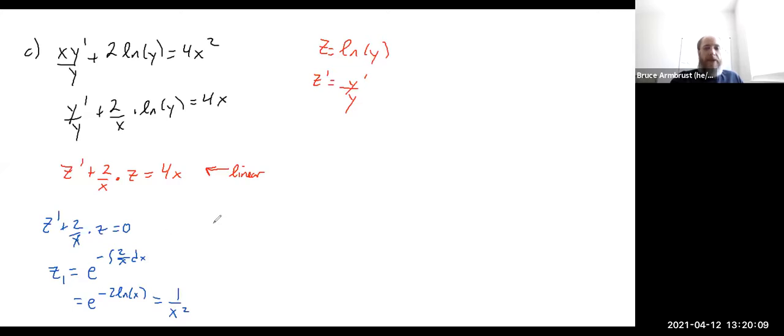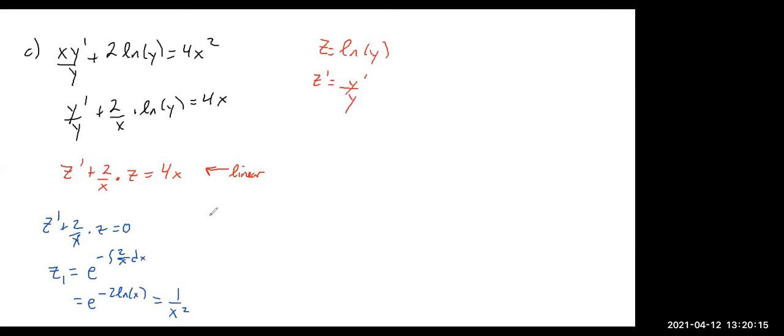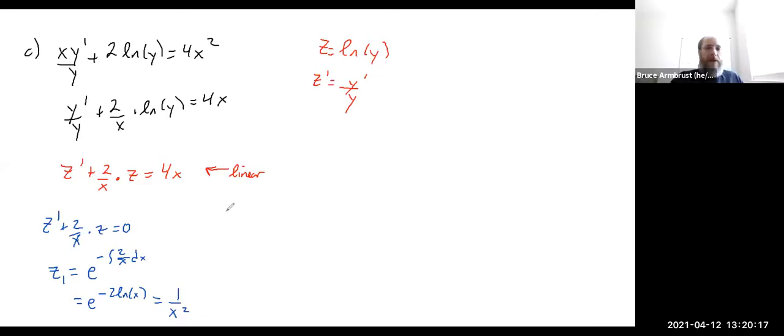So then how do we get our z now that we've got this? What do we have to do? The integral of 4x over 1 over x squared. Okay, so now we're getting our u, right? And use the integral of 4x over 1 over x squared. The 4x was the non-homogeneous piece.